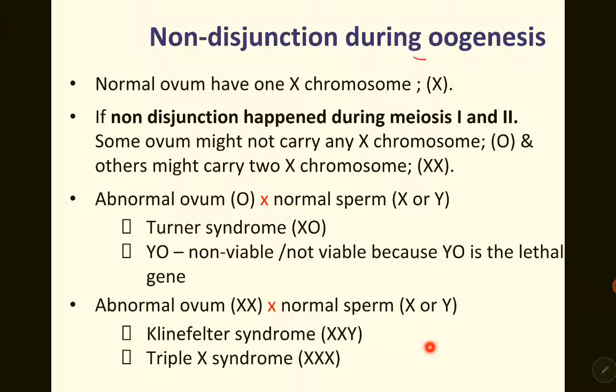Non-disjunction might also occur during oogenesis, during meiosis 1 or meiosis 2. So the abnormal ovum crosses with the normal sperm, and this is the result. So I will show you the diagram for the oogenesis process. For female we have XX.